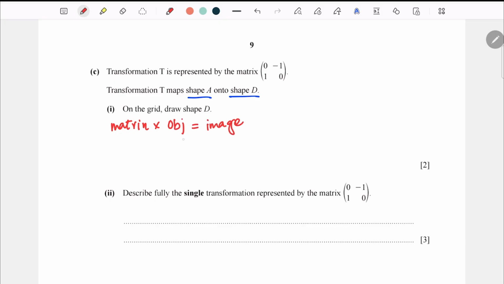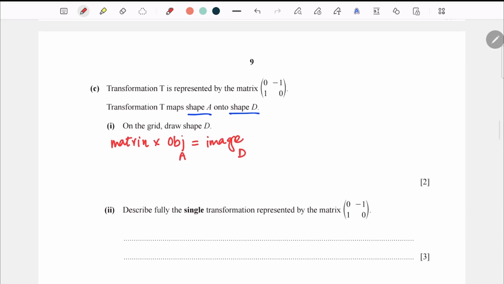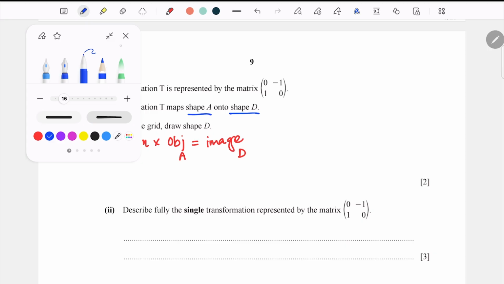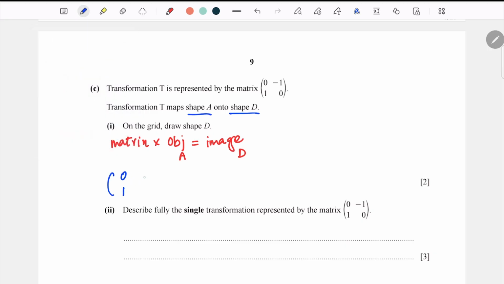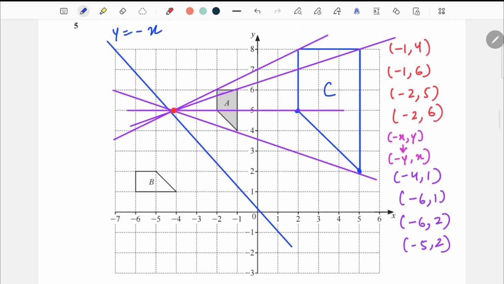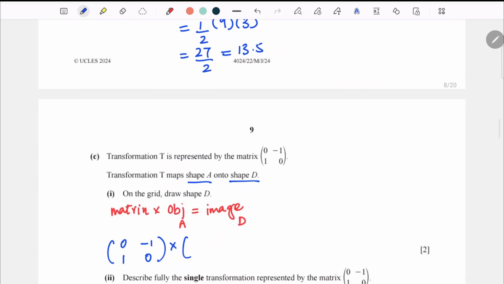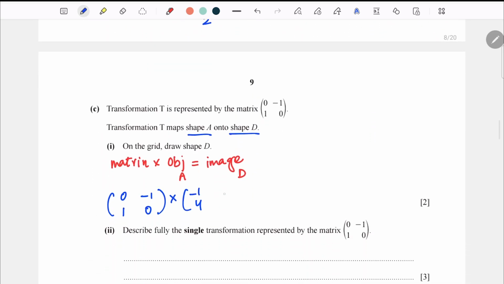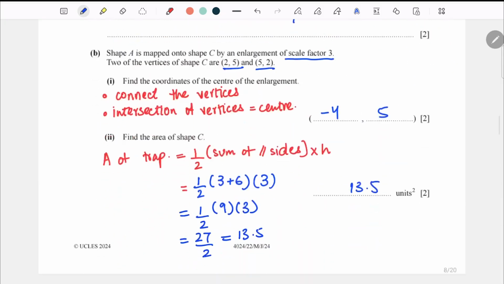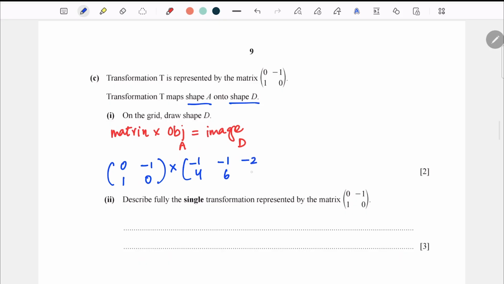Here the object is A and the image is D. So the matrix as given in the question is 0, 1, -1, 0, and the coordinates of A are -1 and 4, then -1 and 6, -2 and 5, and -2 and 6. When we multiply both these together, we'll get the image, that is D.